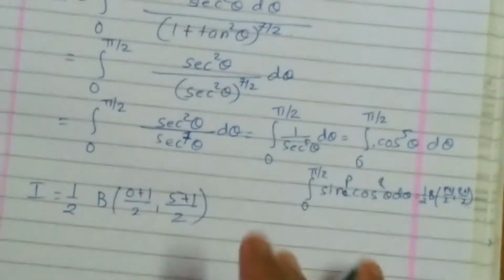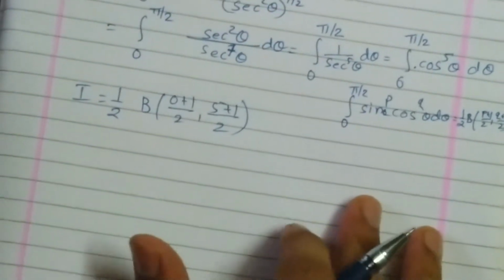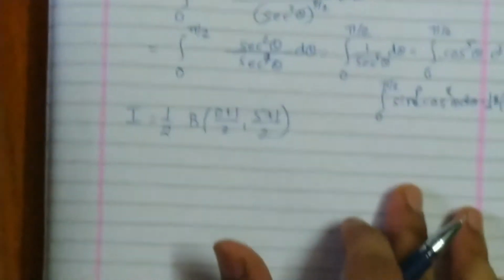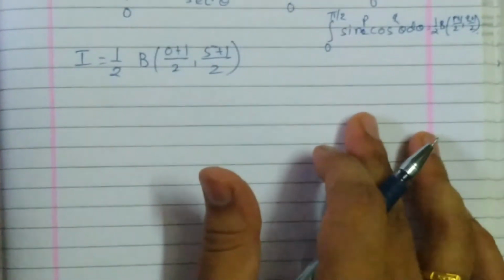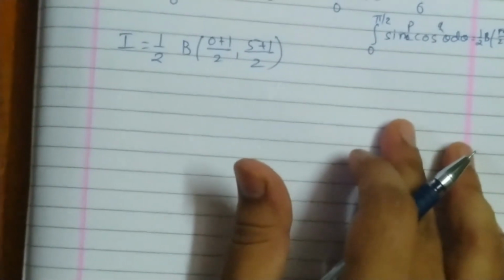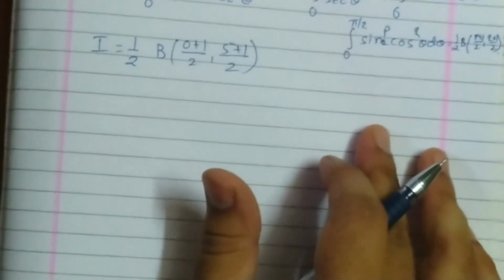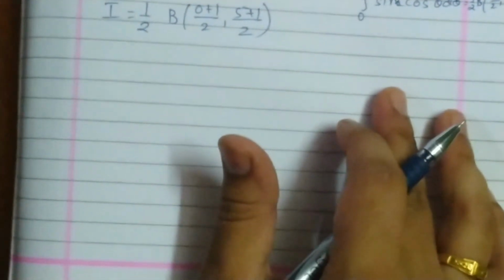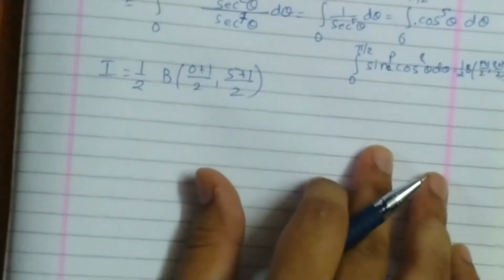I will now move to the next question, where the substitution is to be made by taking help of a tan theta. But before we move to the next, I would like to discuss one more example which is usually asked in the examination. It's a popular example, that's why I am going to discuss it here, as the substitution is similar.